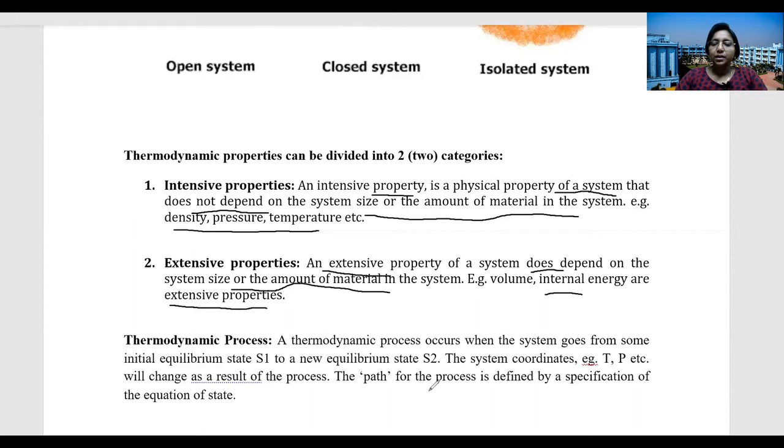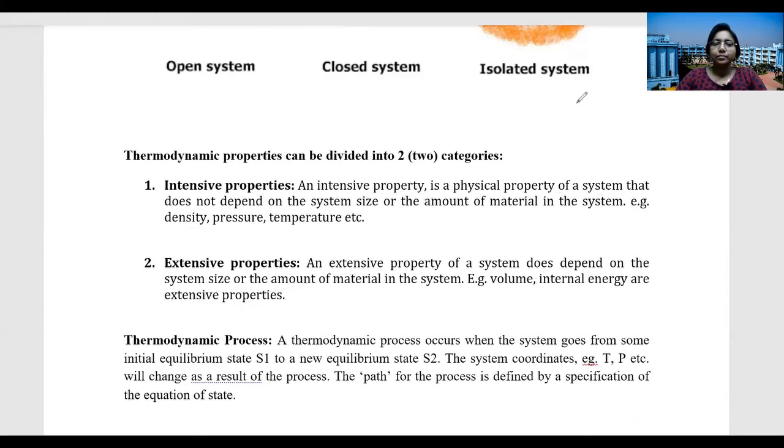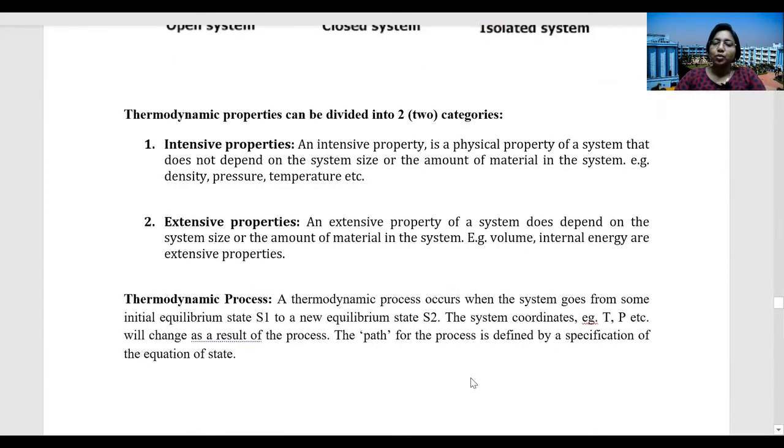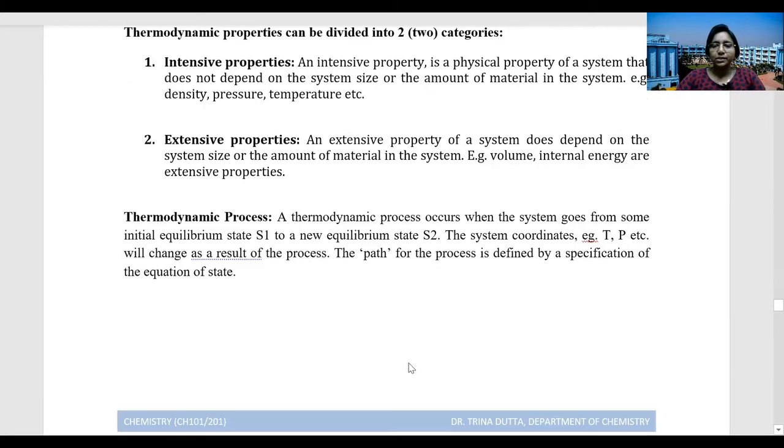Next is the thermodynamic process. A thermodynamic process occurs when the system goes from some initial equilibrium state S1 to a new equilibrium state S2. The system coordinates, for example temperature, pressure, etc. So there are different thermodynamic processes.